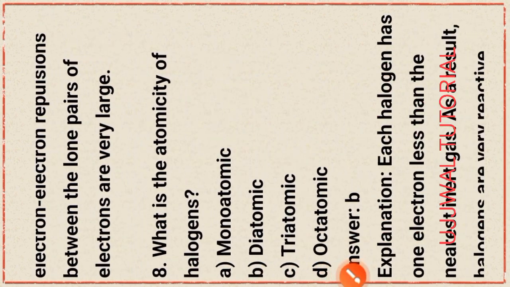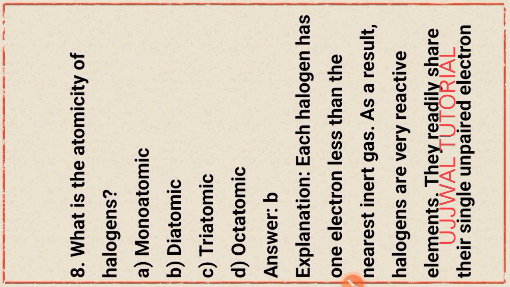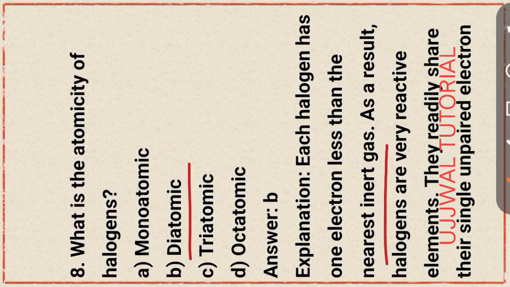Next question, question number 8: What is the atomicity of halogens? That is option B, diatomic. Halogens have 1 electron less than the nearest inert gas. As a result, halogens are very reactive elements.